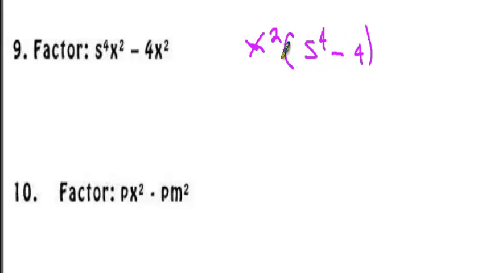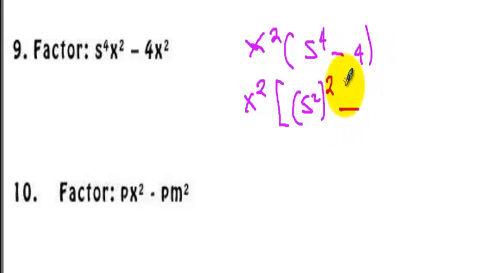Now next, inside the parentheses, check if we have a DOS, difference of two squares. Do we have two terms? Yes. Is the first term a perfect square? Yes, because the exponent is even. So we can write this as s squared squared. Next, 4 is a perfect square.